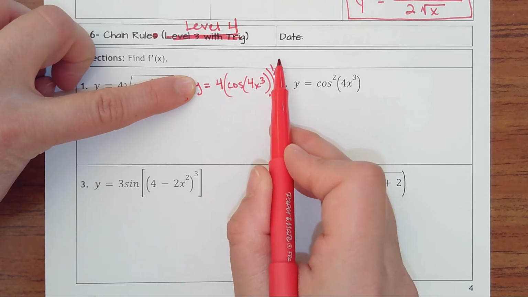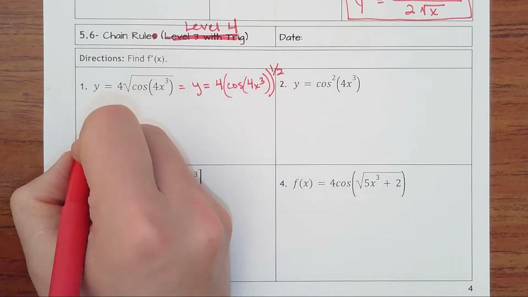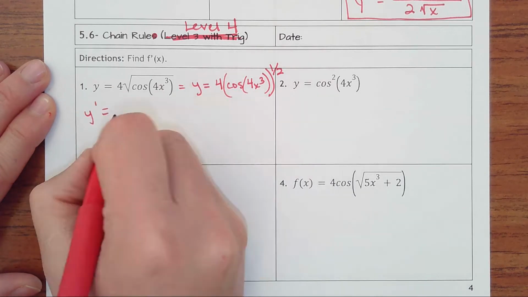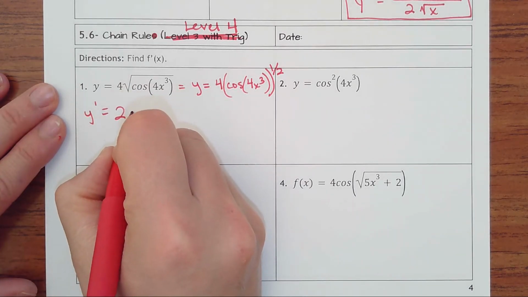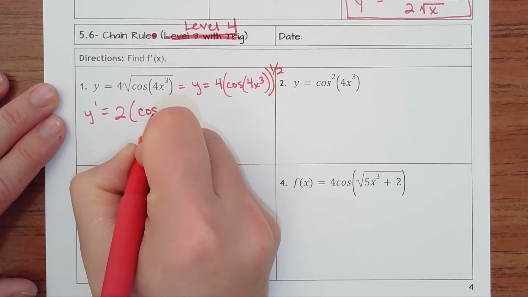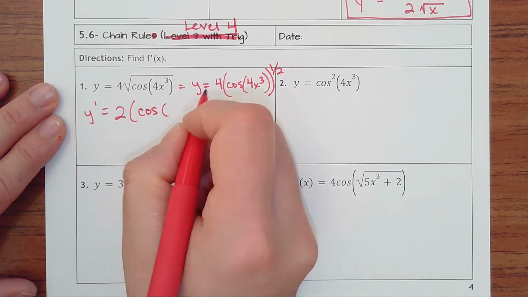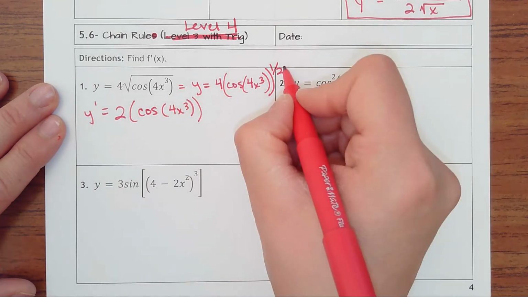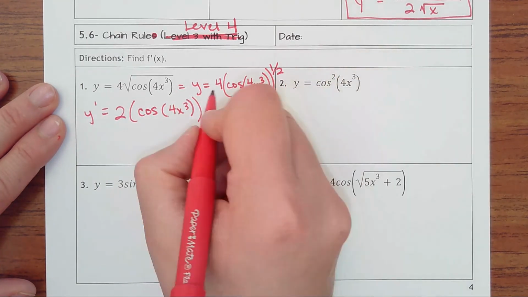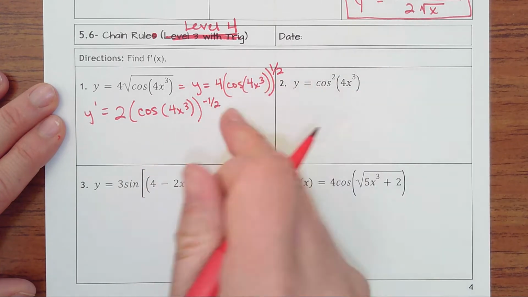So I'll have 1/2 times 4, which is 2, and then keep cosine of the 4x cubed, and then I'll have to subtract 2 halves, which will make that to the negative 1/2 power. So that takes care of the outer.